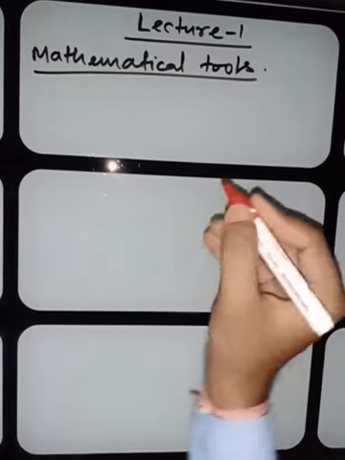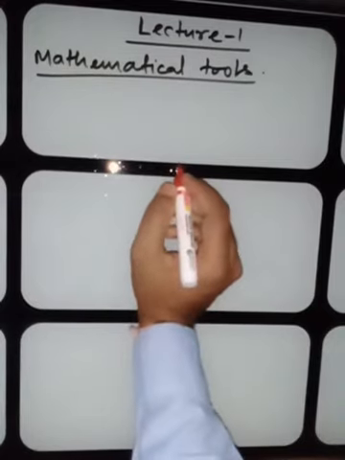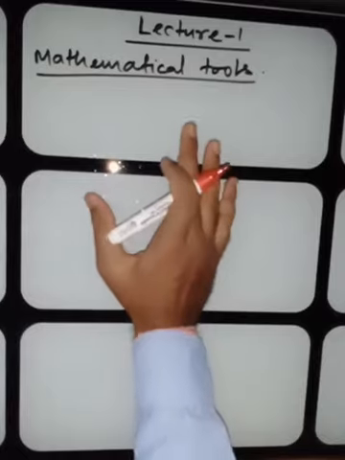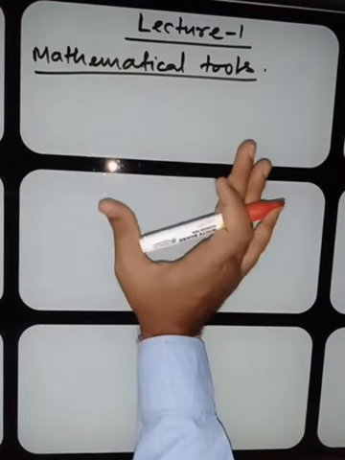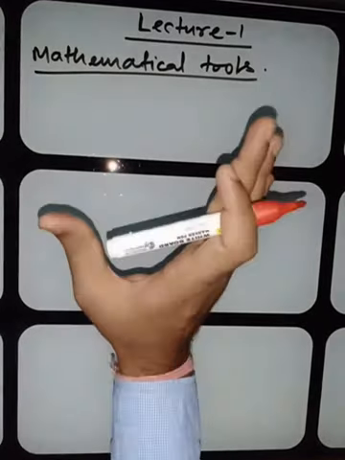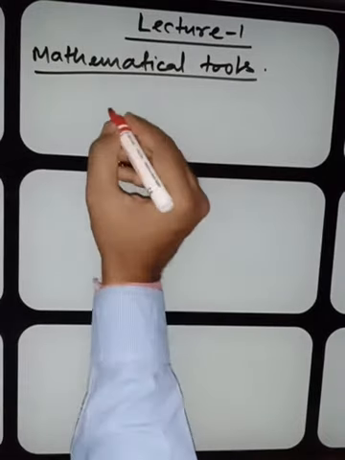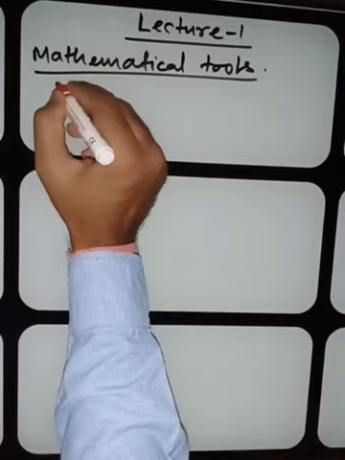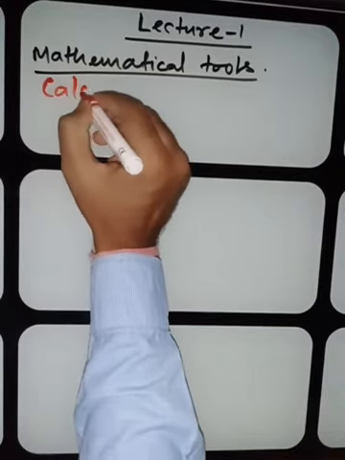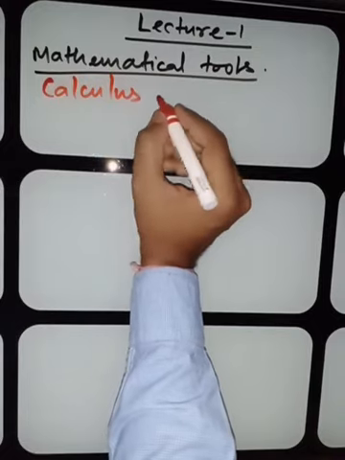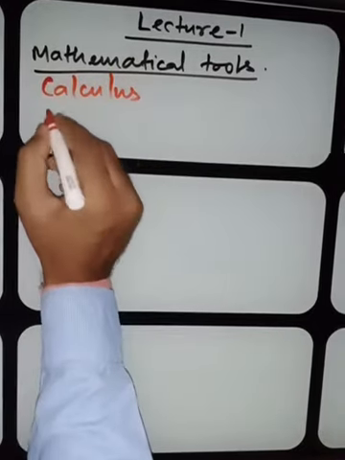In mathematical tools in physics, students, basically 3 mathematical branches you have to carry, otherwise all the mathematical branches will be very important. But the first is calculus. I hope a few students have started their study also. Calculus. Second, trigonometry.